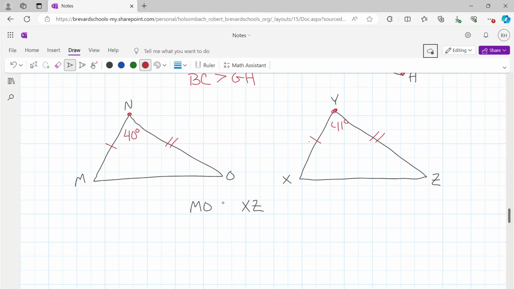MO is going to be less than XZ. And if you had to explain, it could be because angle N is less than what? Angle Y, good.